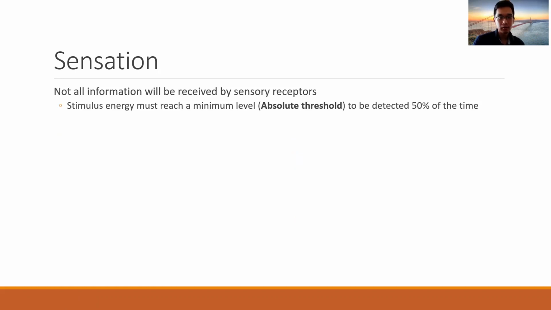So now, sensory receptors are very limited. Well, they are not very limited, but their ability is limited. It means that not all the sensory information can be received by the sensory receptors.